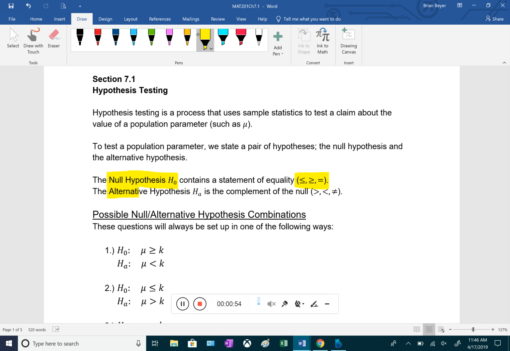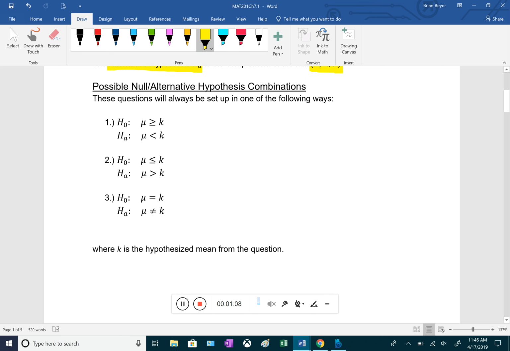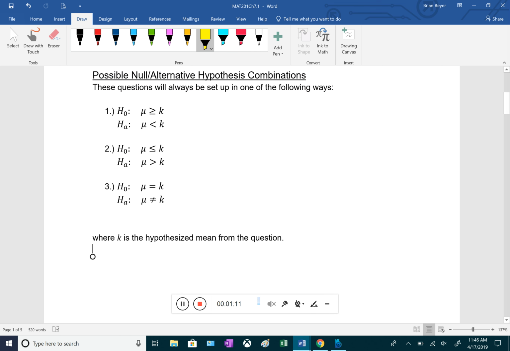The alternative hypothesis, which we can denote as H sub a, is going to be the complement, or the opposite, of the null, which will not have equality, so either greater than, less than, or not equal to. There are only going to be 3 possible combinations for how these hypotheses get set up for each one of these questions.